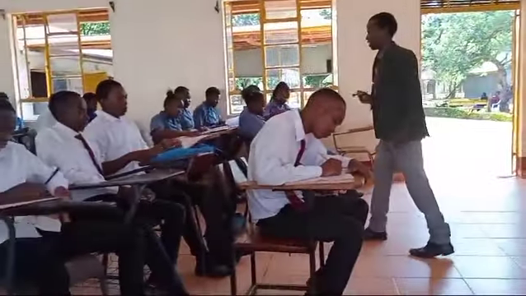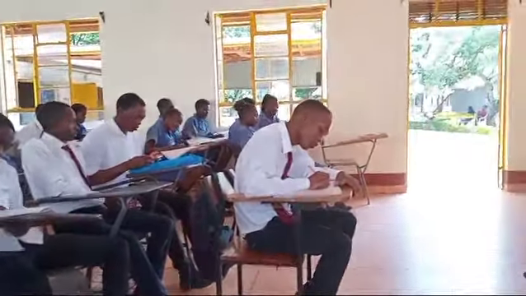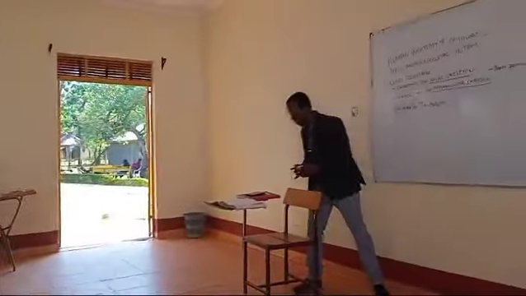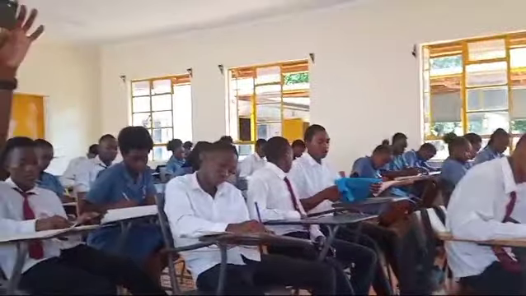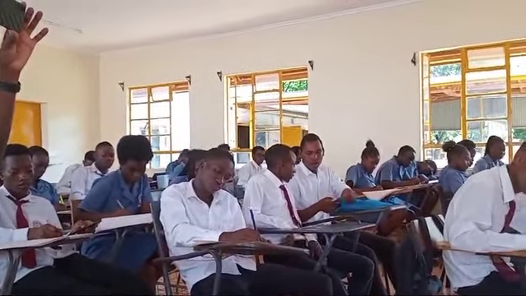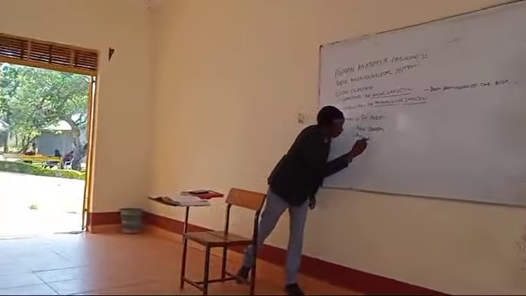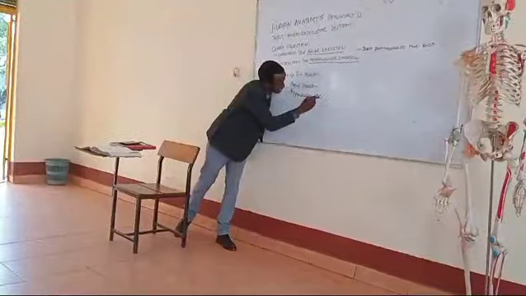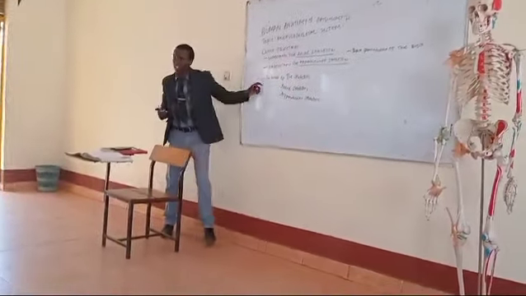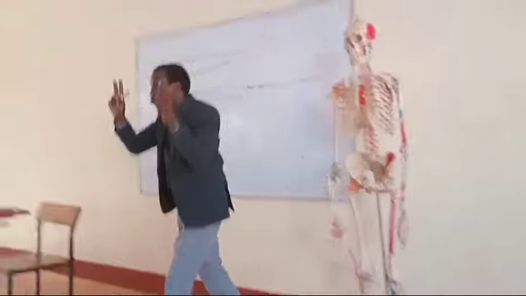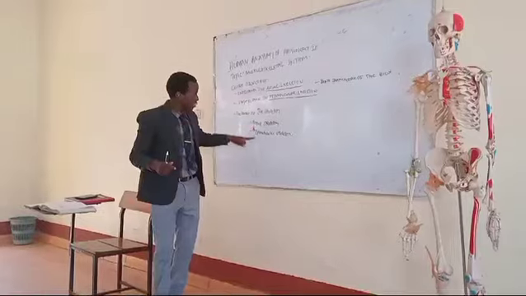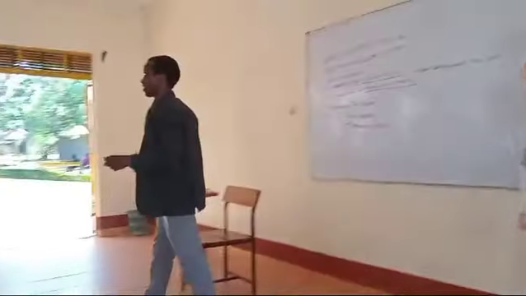The bones of the skeleton are divided into two groups. We have the axial skeleton, and then we have what we call the appendicular skeleton.